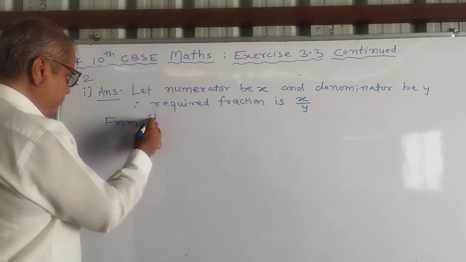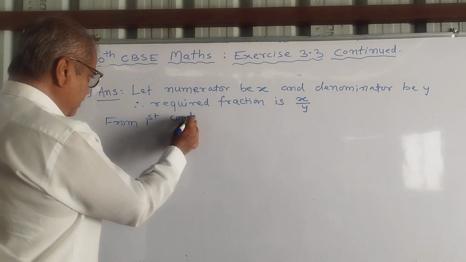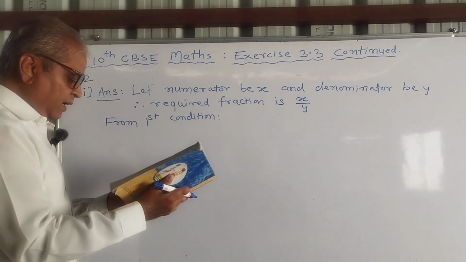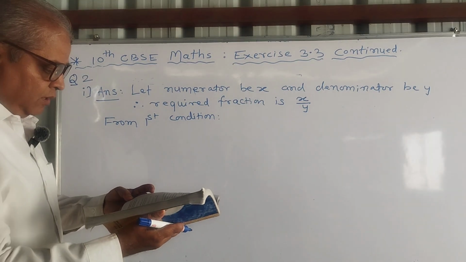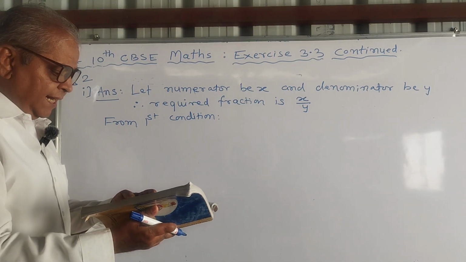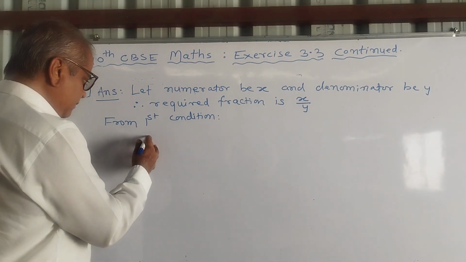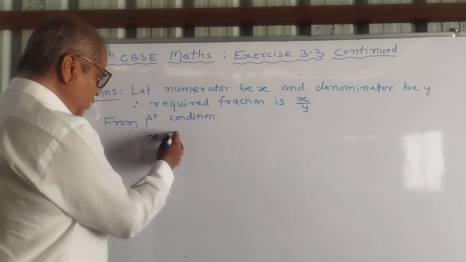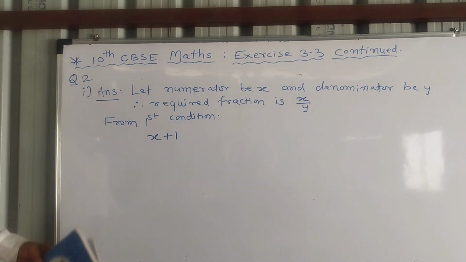From the first condition, 1 is added to the numerator, that means previous numerator is x, and if you add 1 to the numerator, it will be x plus 1.